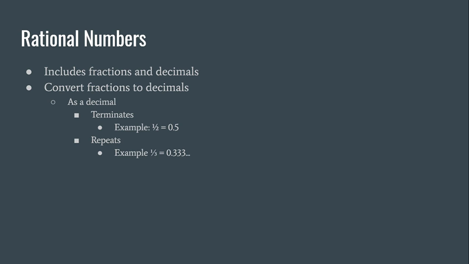For example, 1/7 will convert to a repeating decimal that has a larger group of numbers that repeat, but it definitely repeats. You see the pattern. So rational numbers fall into one of these two categories: they either terminate or they repeat, not both at the same time. That's an important distinction to remember for rational numbers.